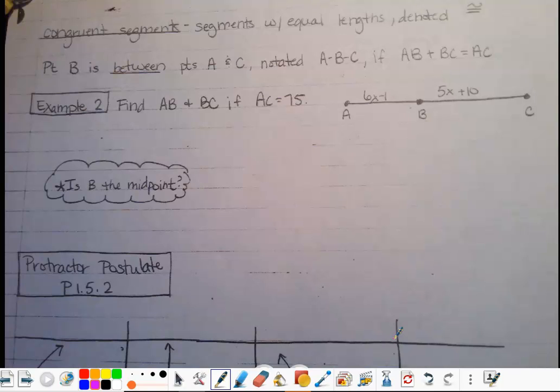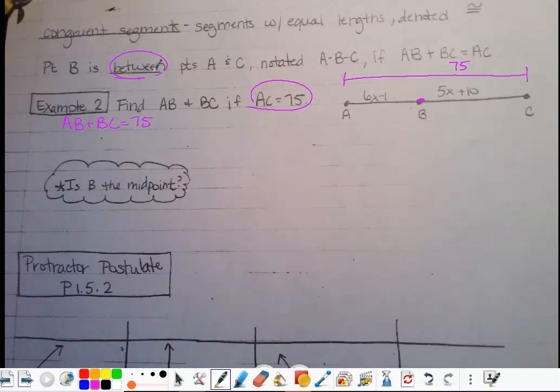We can clearly see that B is in the middle. It says AC is 75, so from A all the way over to C is 75. How can we write an algebraic expression to find AB and BC eventually? Since we know AC is 75, we know that AB plus BC equals 75, because B is between.